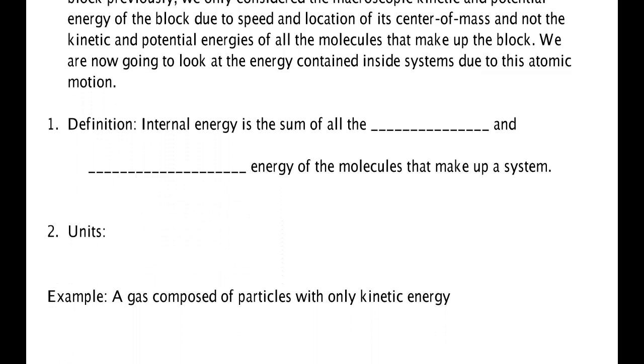So the definition of internal energy is simply the sum of all the kinetic and all potential energy of the molecules that make up a system. So, we had these blocks, and now we're really going to consider the fact that they're moving in here, little atoms that have kinetic energy, and potentially these guys might be connected to each other by little springs.